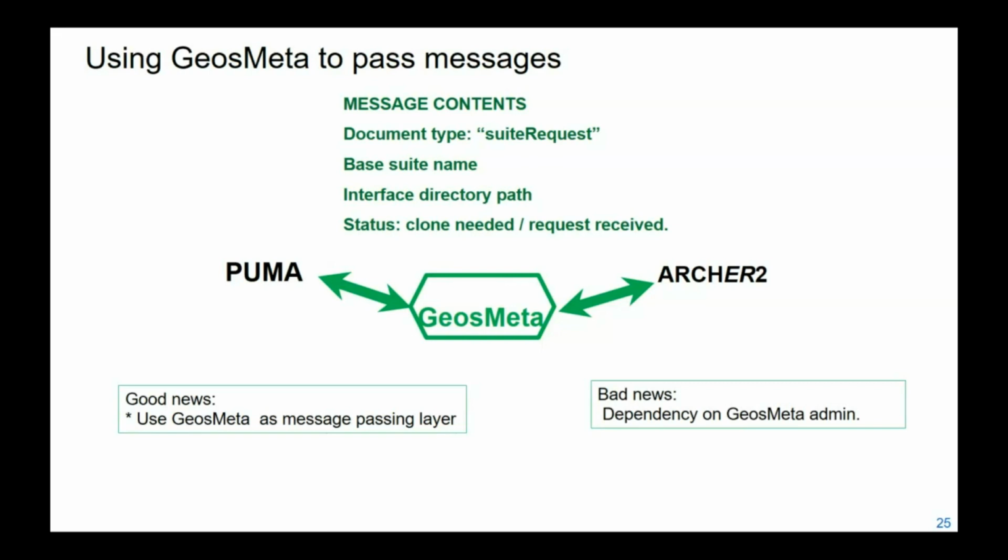You know, the GeosMeta software has to be installed. The hope for news is that there will in time be a new Puma machine close to ARCHER2, and then the workflow that I was just describing can be made an awful lot simpler.